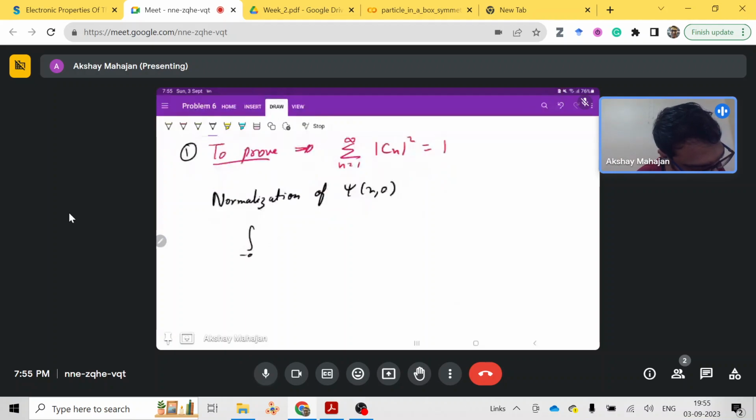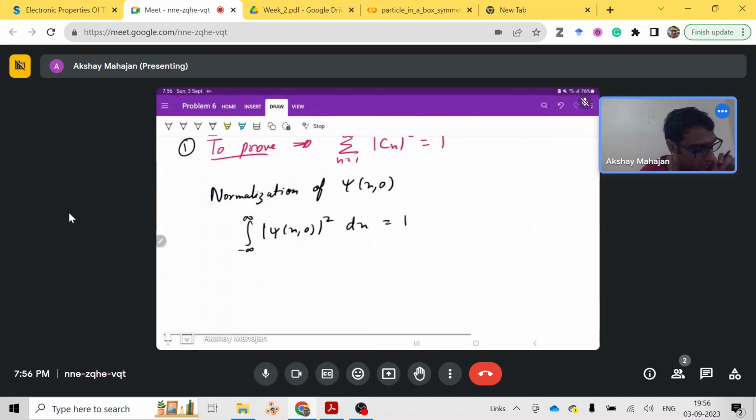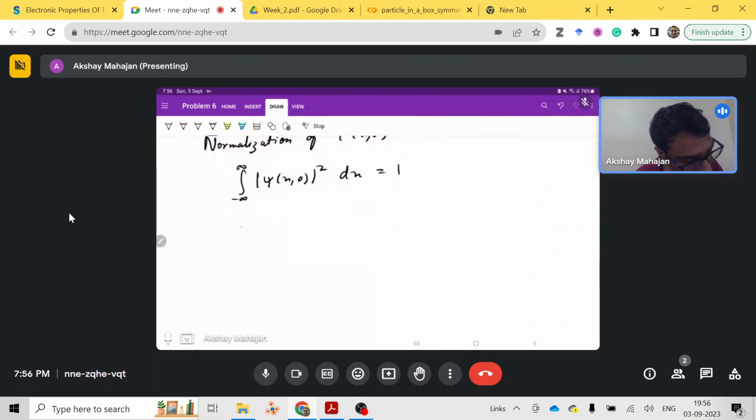So for that we have the integral over all space of mod of psi x comma 0 squared dx, that should be equals to 1. Now this I can write as psi star, the complex conjugate, times psi x comma 0 dx, that has to be equals to 1.